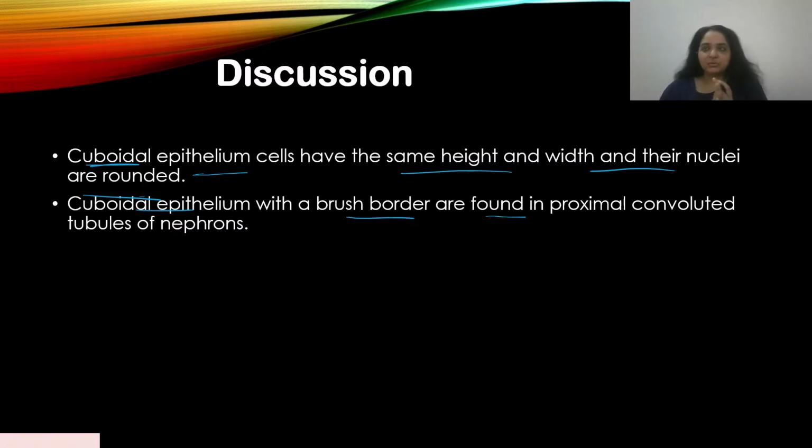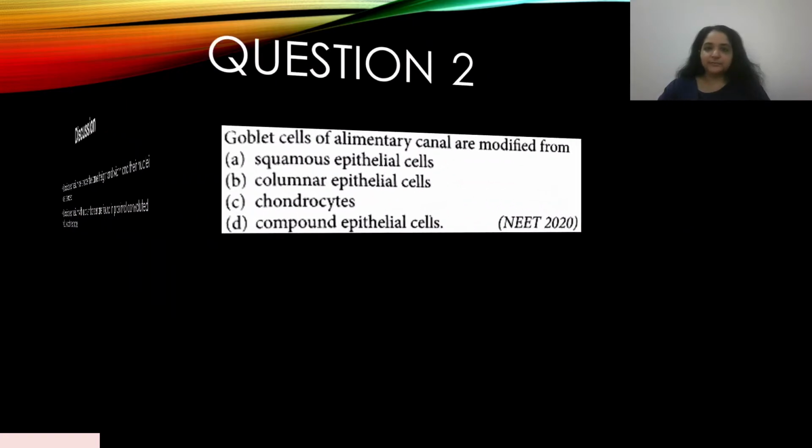So when you are reading NCERT, please go through every type of epithelium and where it is located. If you want to make things easier for yourself, make a table with the tissue type and where it is found in the body. Okay, this is very important. This kind of question could appear. All right, clear. Let's move on then.